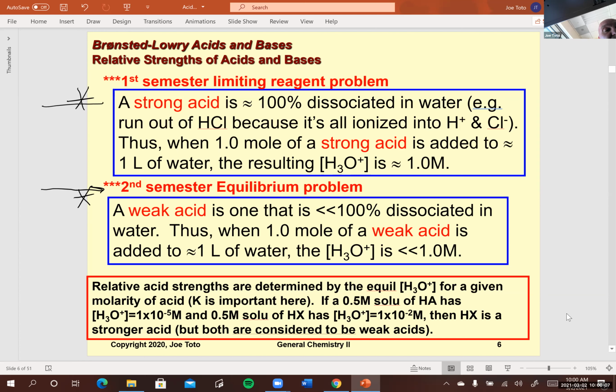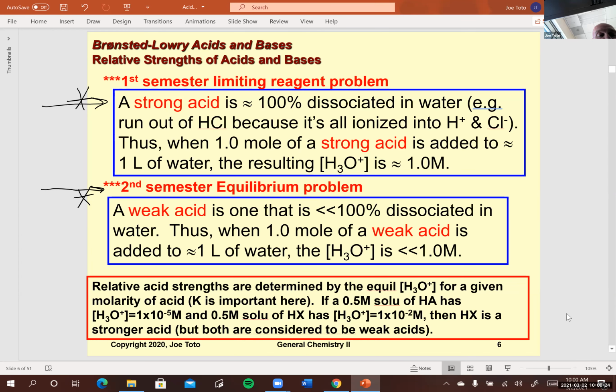Whereas the Chem 200 problem is somewhat easier, where it's a limiting reagent problem. It reacts until something runs out. So we're going to talk about that next.